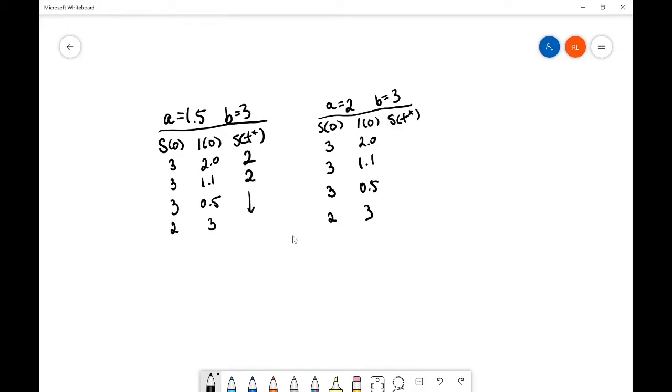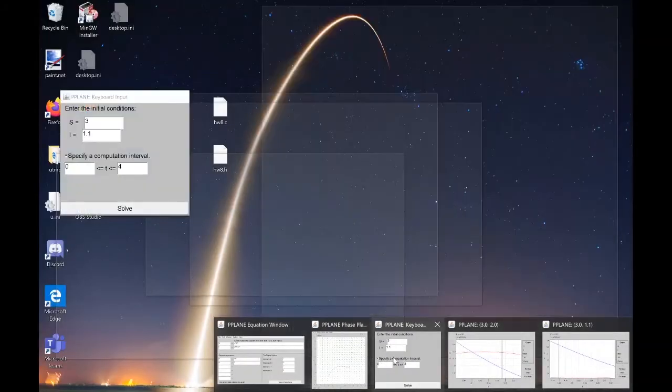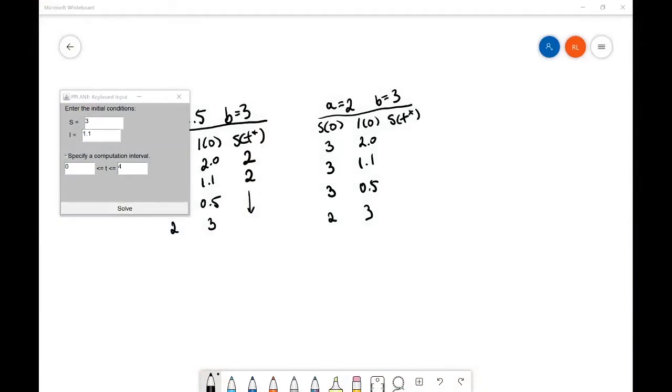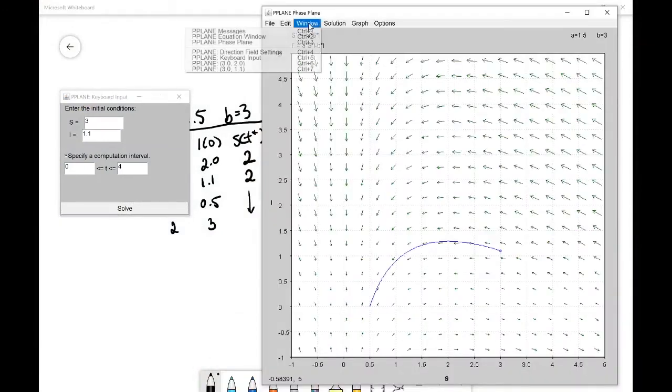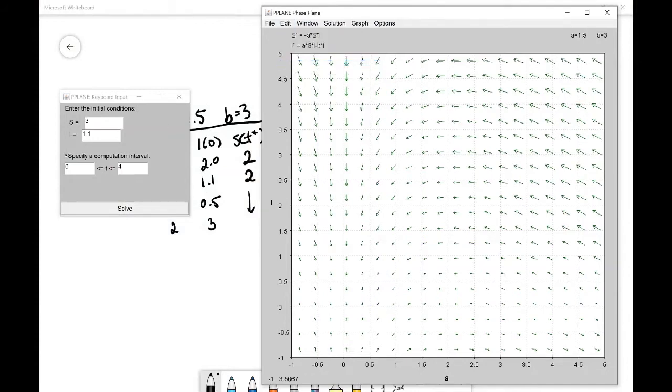Let's try once more with the last example just to make sure. So going to erase this solution and graph with initial condition 2, 3.